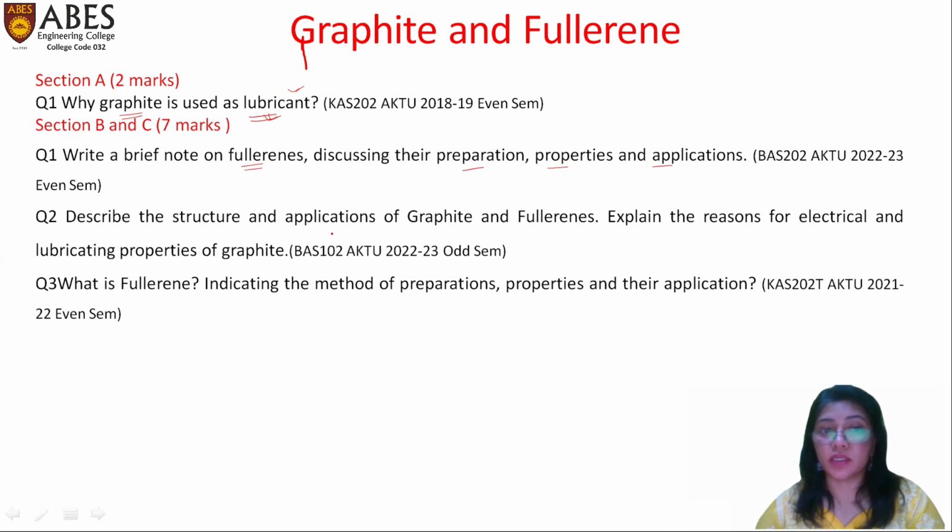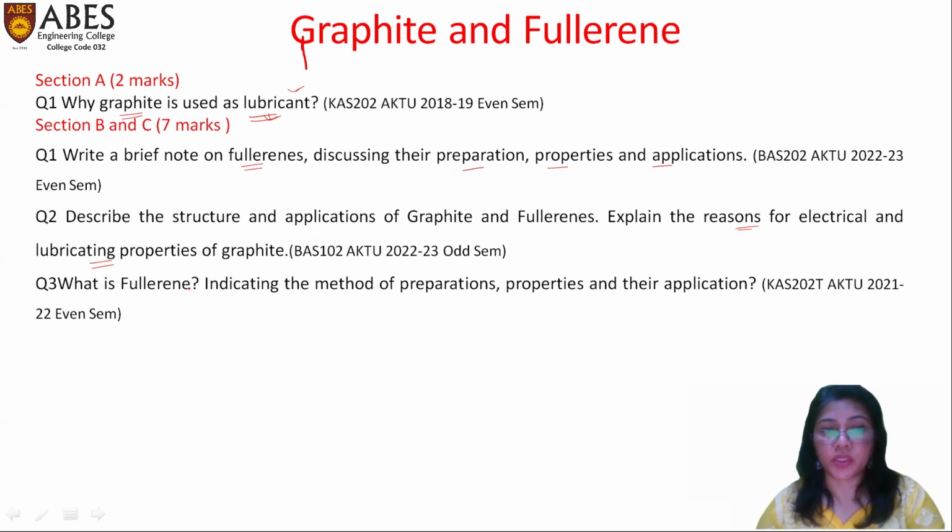Similarly, this is again the structure and application of graphite and fullerenes, and they have asked the reasons for the electrical and lubricant properties of graphite. The electrical property is due to the free electrons present in the structure of graphite, which can move. The lubricant property is because the layers are attracted by weak van der Waals forces and can slide over each other very easily.